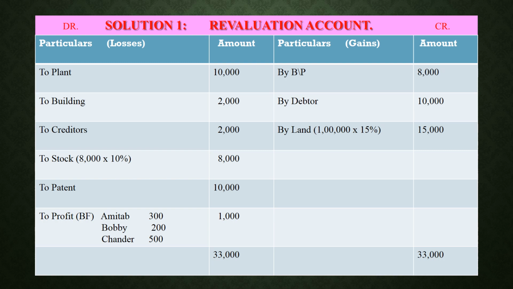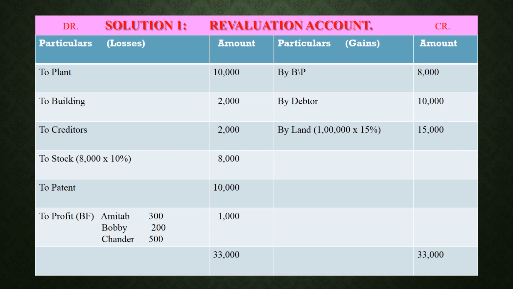Next adjustment is land appreciated by 15%. Appreciation is benefit for the firm, so it will be written on the credit side of revaluation account by land. And for calculation, balance sheet value is given 1 lakh. On 1 lakh 15% will be applied, so there is a benefit of 15,000 which will be written on credit side.